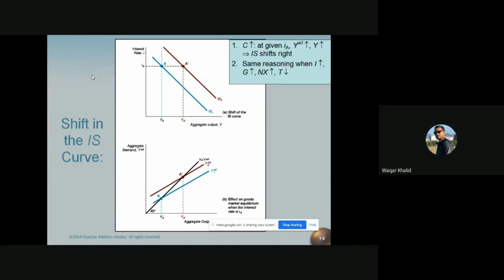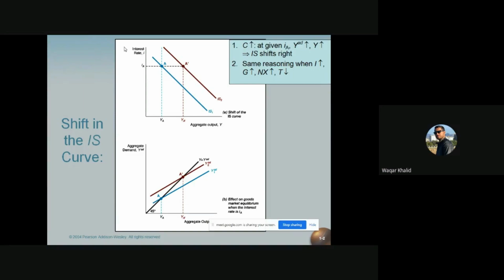If planned investment expenditure rises, that is, investment spending changes from I1 to I2, we have more aggregate output and the aggregate demand curve will shift from its original position. You can see the same change in this panel B where Y1AD changes to Y2AD, because of more planned investment expenditures.